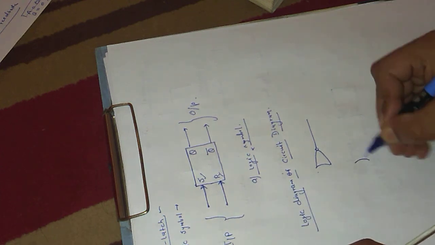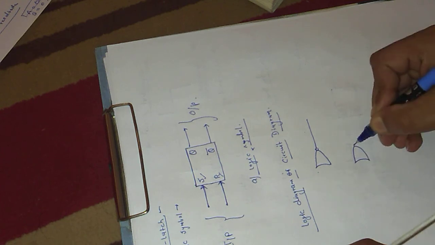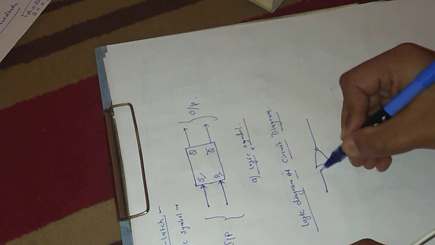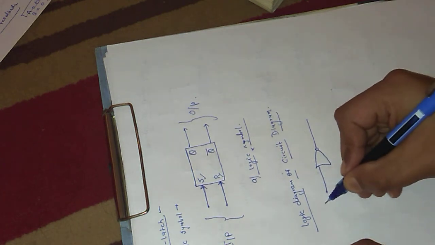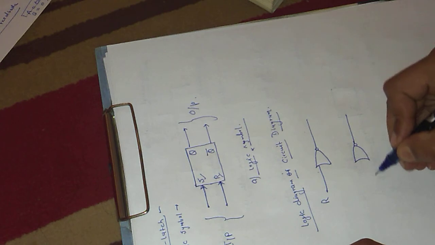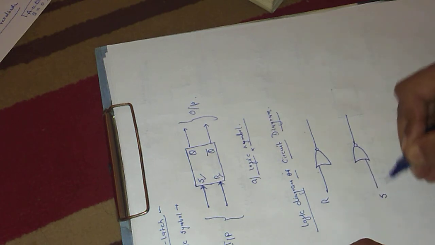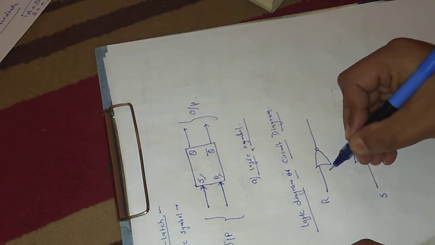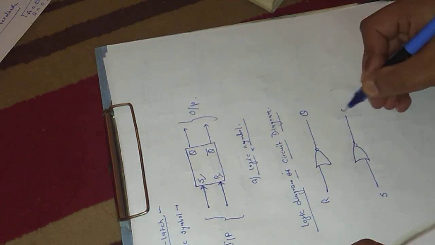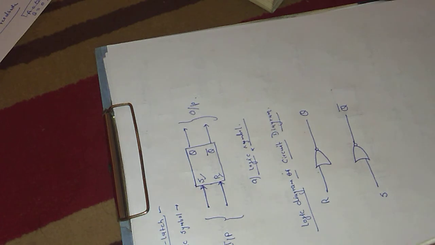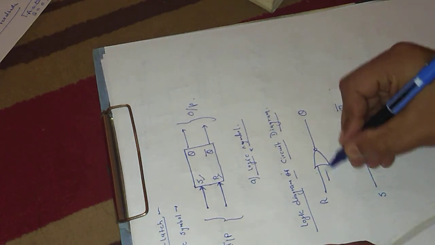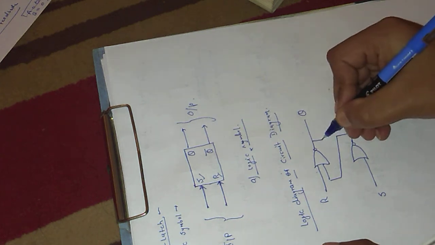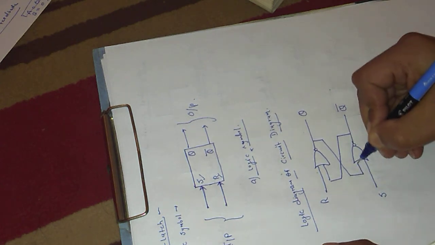There are two NOR gates. The first NOR gate has input R, the second NOR gate has input S, and the other inputs of the NOR gates are connected to the outputs Q and Q bar.